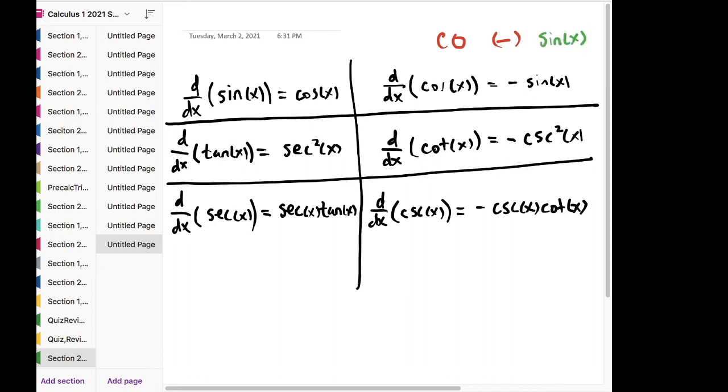Right, you have sine, you have cosecant, which is 1 over sine. Then you have negative, negative, negative. And the ones that are not co have cosine. Secant is just 1 over cosine. And they're all positive.